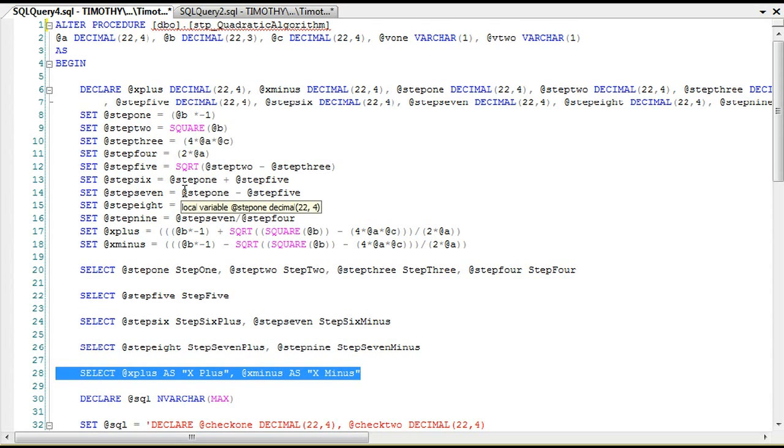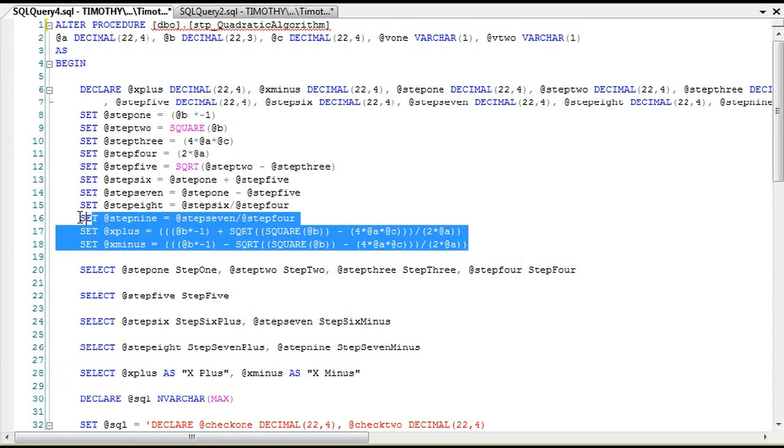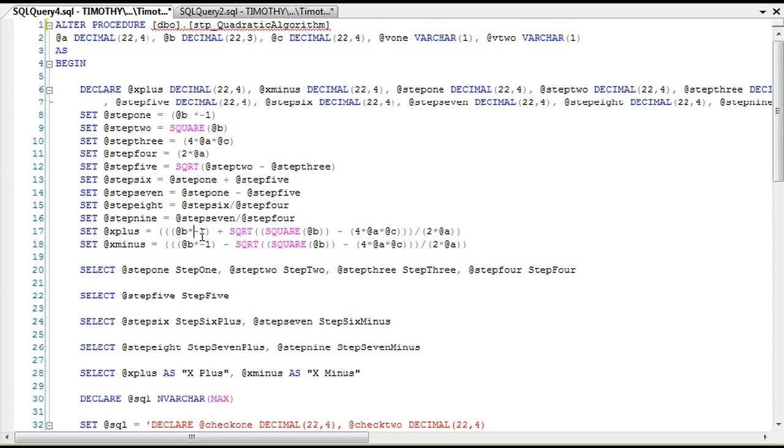So we break the steps down. Now the key takeaway here is the T-SQL, not really the quadratic equation, because there are plenty of places you can get the answer online. We're breaking down each step, but we're also putting it all together. Order of operations becomes very important.